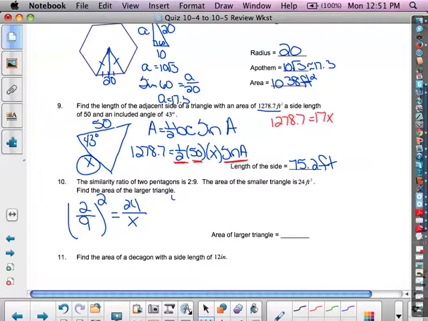So this becomes 4 is to 81 as 24 is to x. So 4x is equal to 1944. You divide that out, you're going to get the area is 486 feet squared for that larger pentagon.